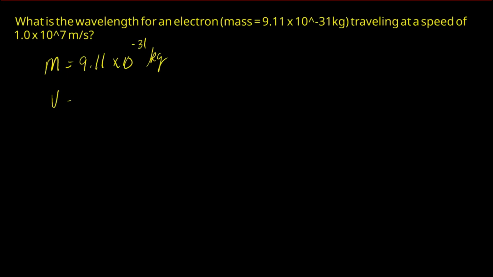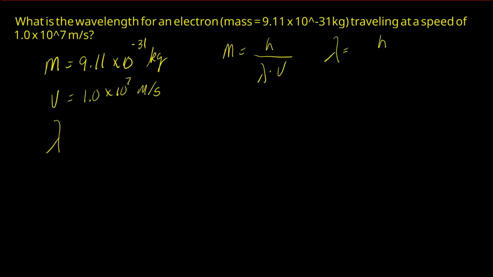We have a velocity of 1.0 times 10 to the 7th meters per second. And we're looking for a wavelength. Using the formula, wavelength is equal to Planck's constant over the mass times velocity.